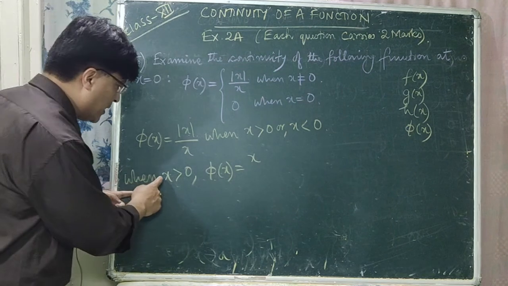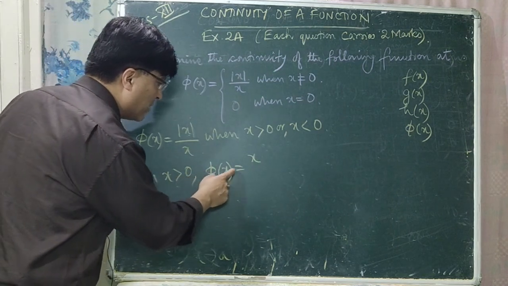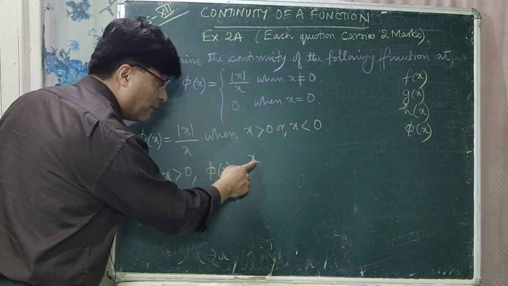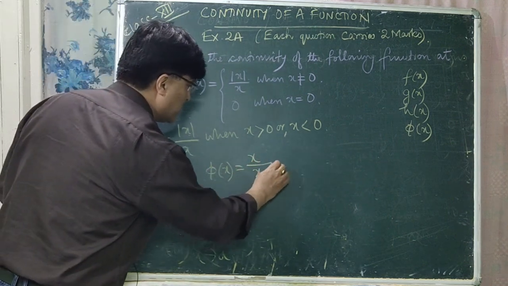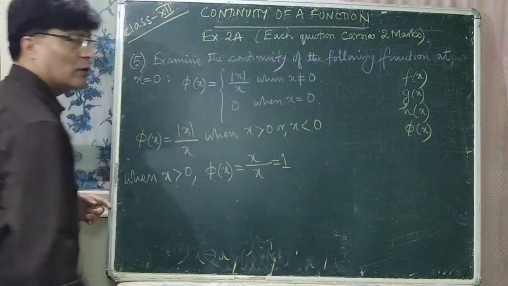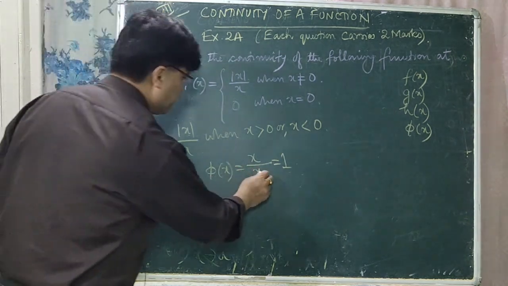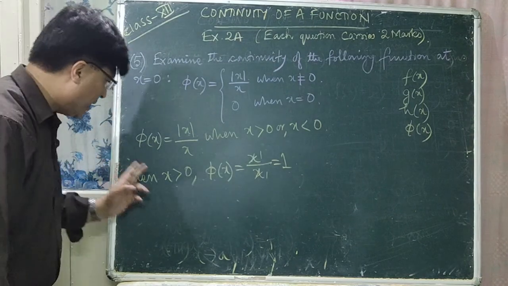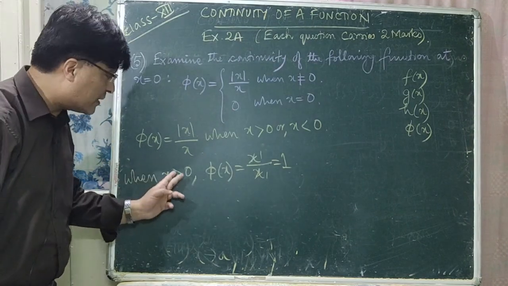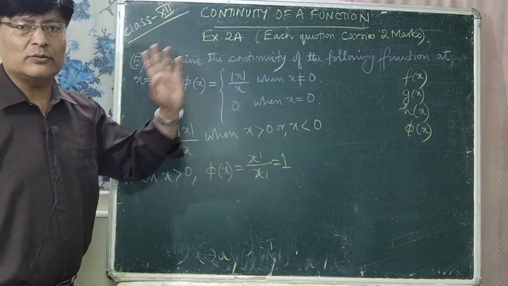So when x is greater than 0, phi of x is equal to x, because x is already positive, divided by the denominator, which remains the same, x by x, which is equal to 1. You can cancel it, isn't it? x by x is 1. So whenever you have x greater than 0, phi of x is equal to 1.